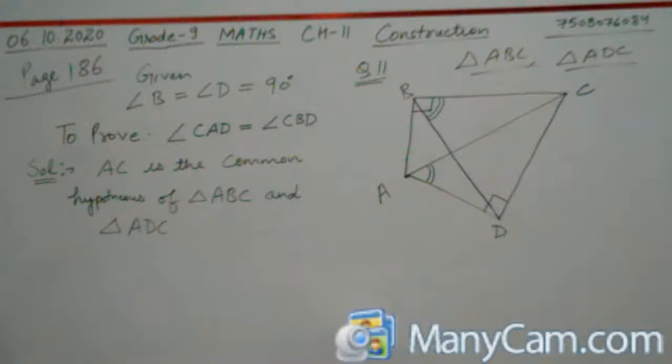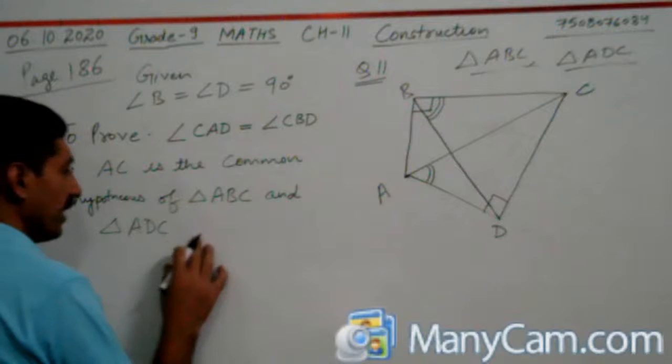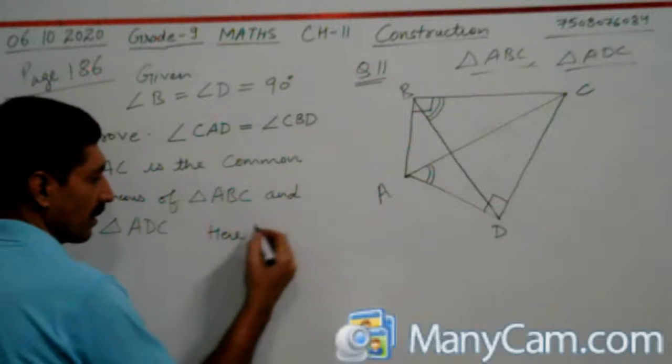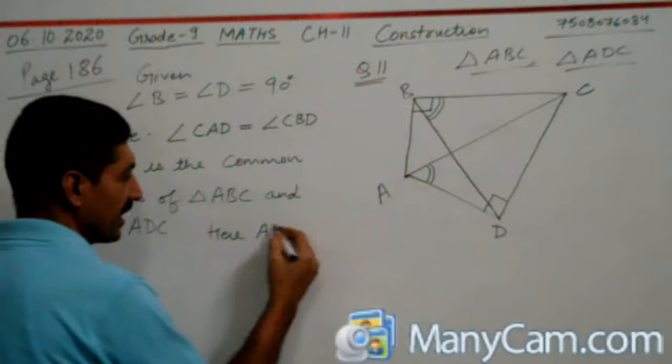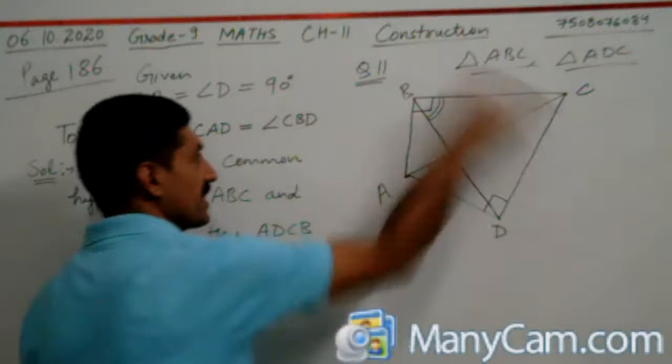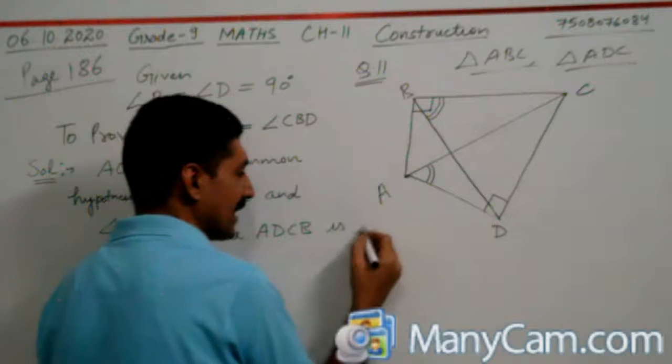Here, name I have changed, ADCB is a cyclic quadrilateral.